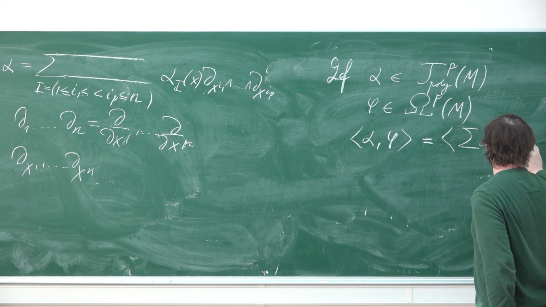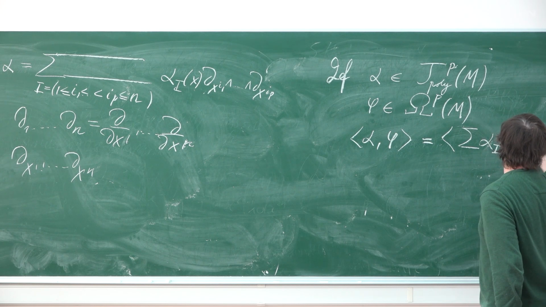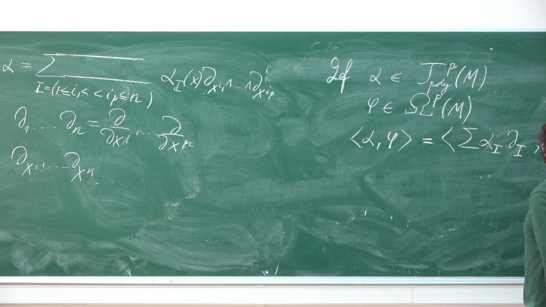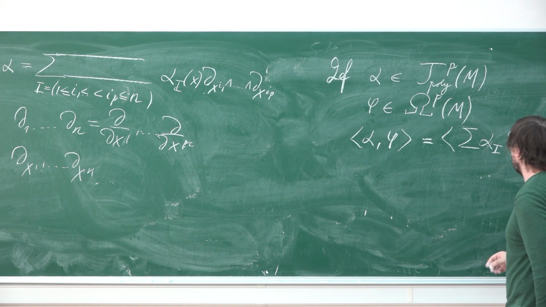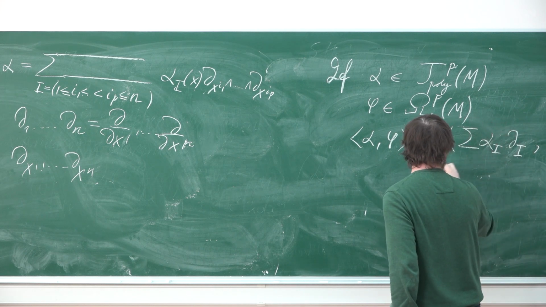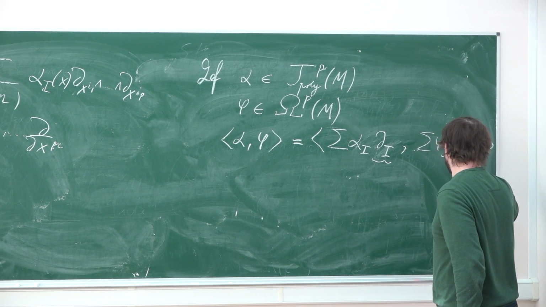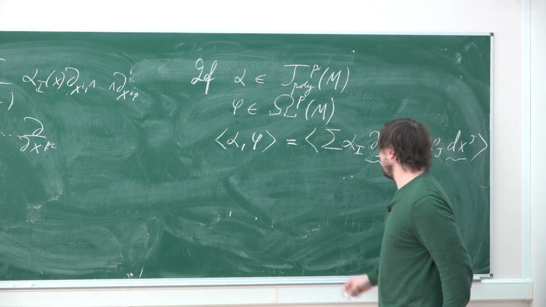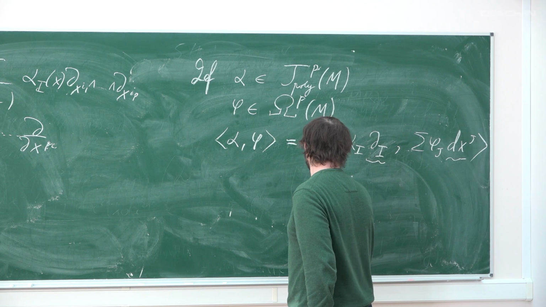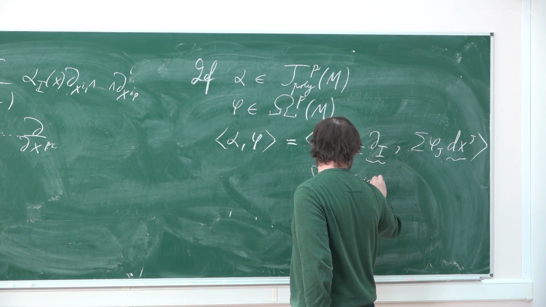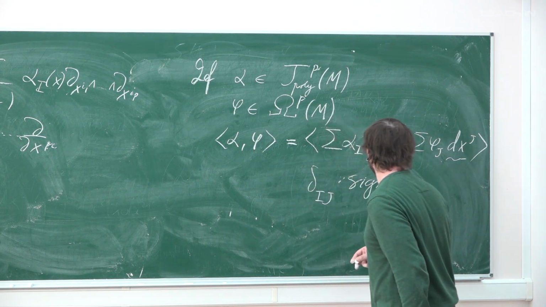I've abbreviated to just Ti, okay? And here you have some phi j dxj. And then, of course, the pairing of this basis element and this basis element is equal to delta ij times the sign of the permutation.